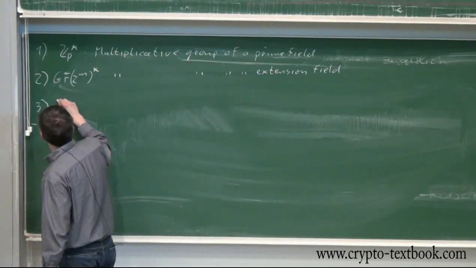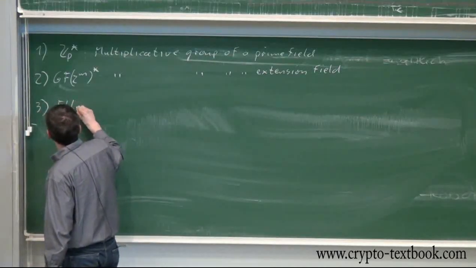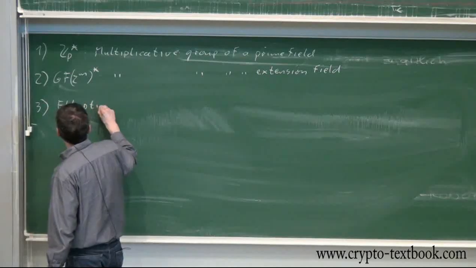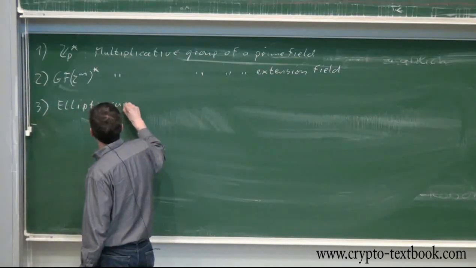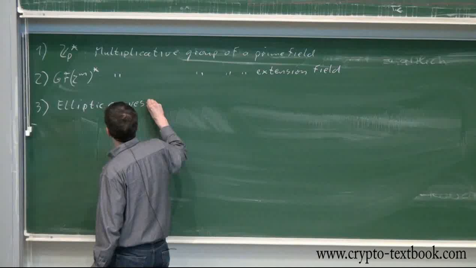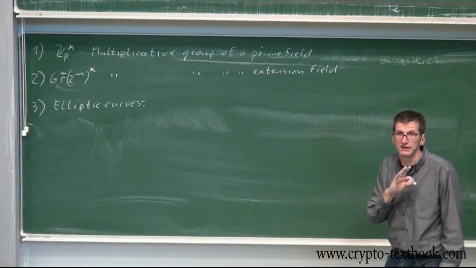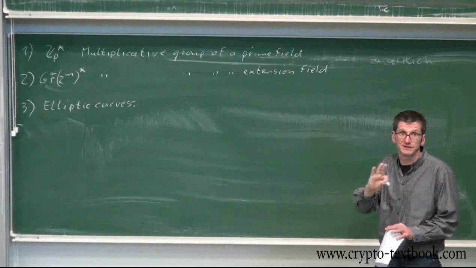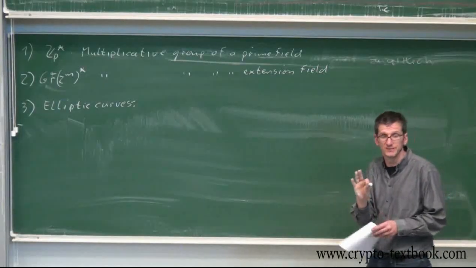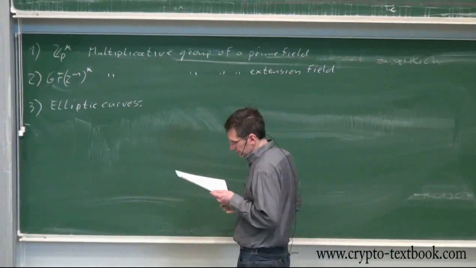The third thing are elliptic curves. What is the group here? And again, we're going to spend 2 weeks on that. This is just getting ready. Kleine Vorwarnung, a small warning.